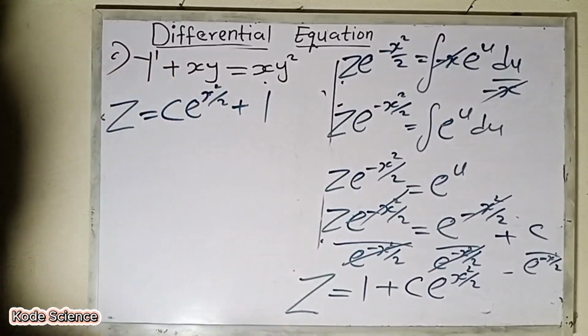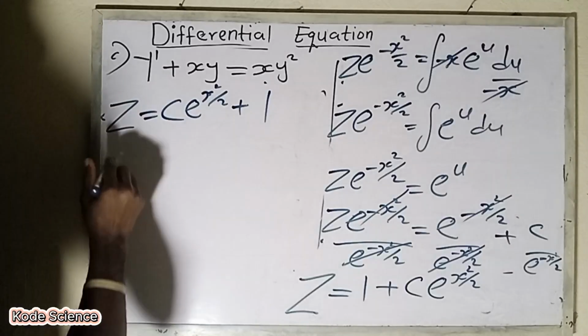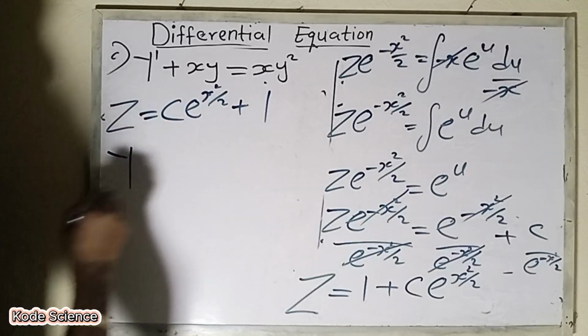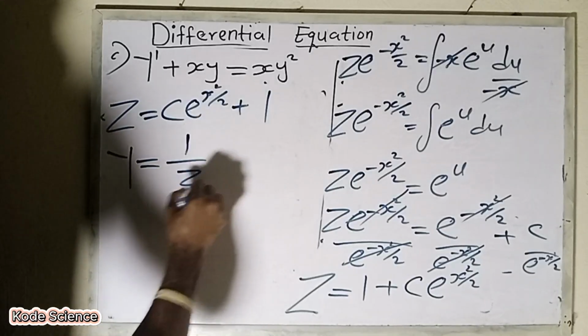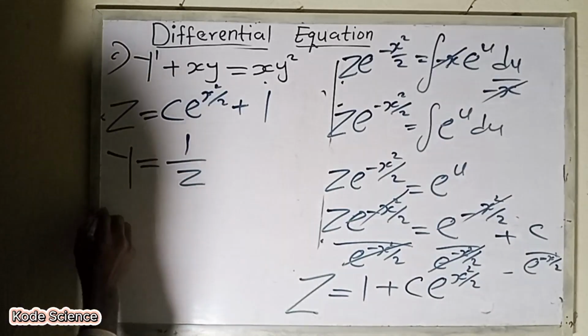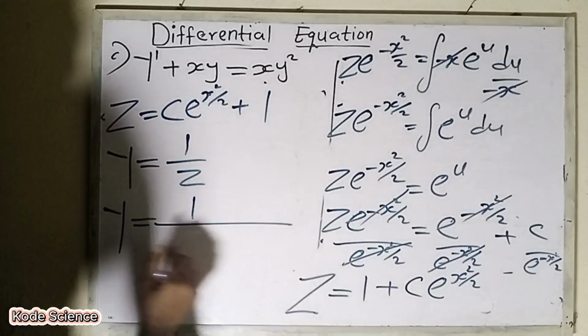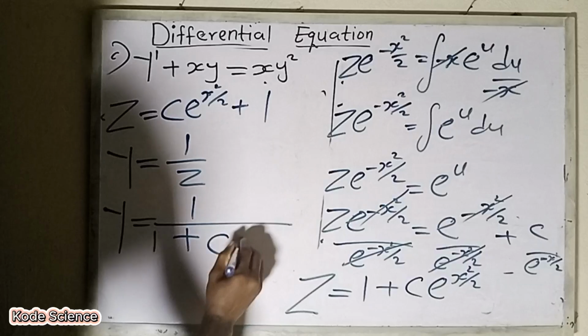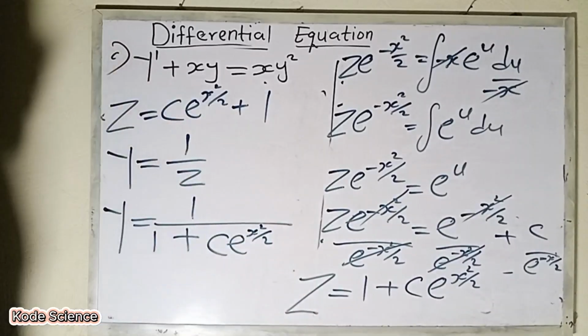It's still the same thing. Now remember that we said our y is equal to 1 over z. So we end up having y is equal to 1 over, what is our z? Our z is 1 plus c exponential x squared over 2.